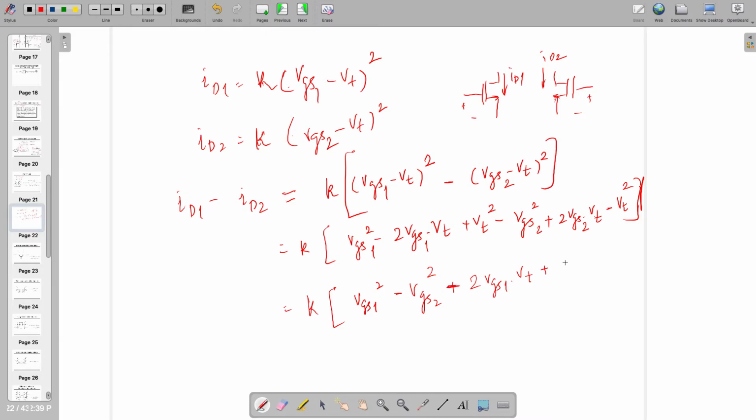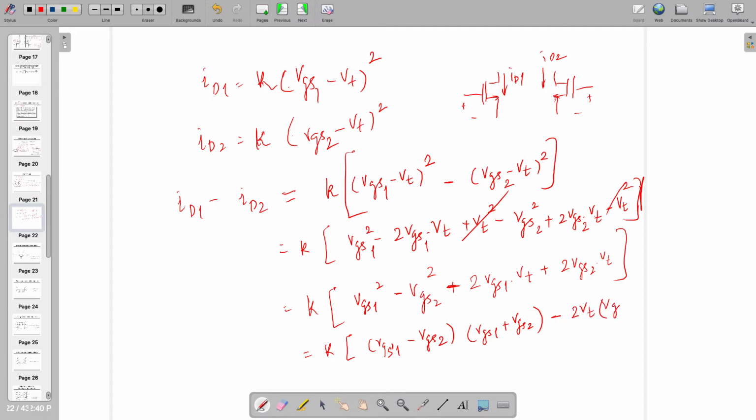Same thing, you can do it in your notebook also. You may make a mistake, right? So when you are solving this, it's (VGS1 minus VGS2) times (VGS1 plus VGS2 minus 2VT).